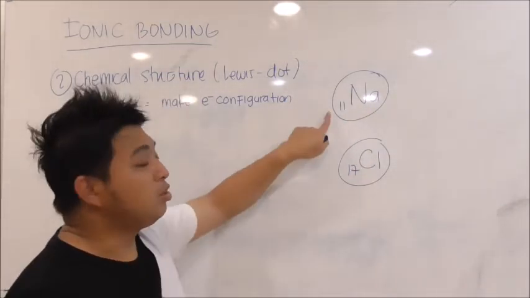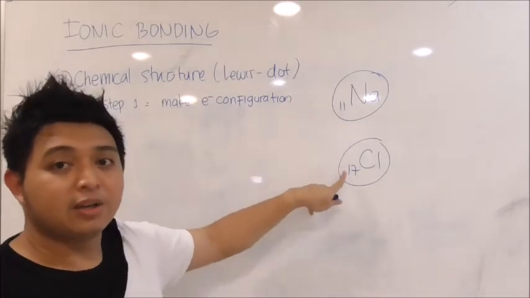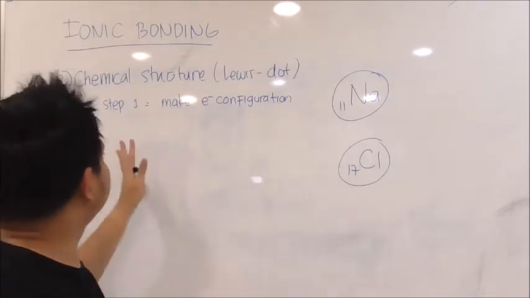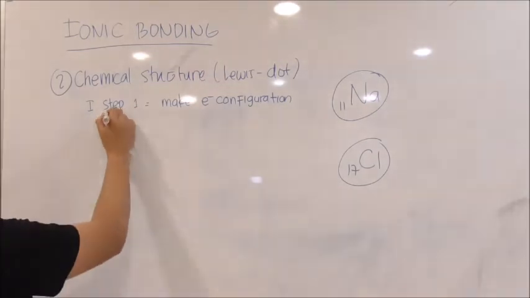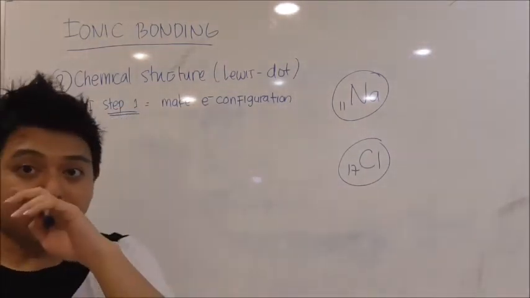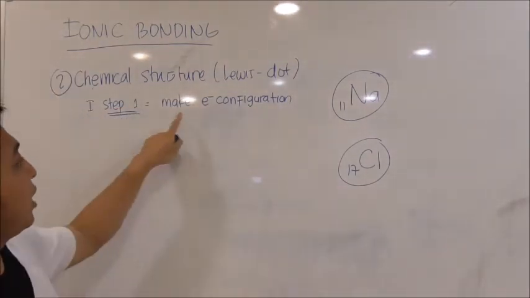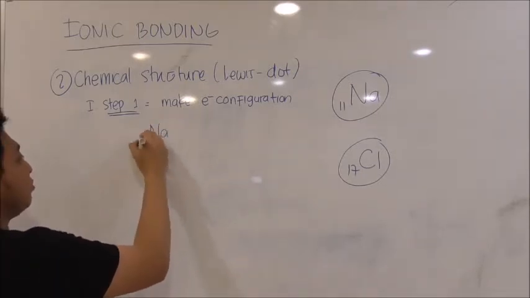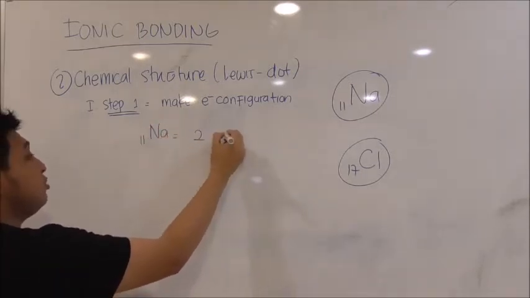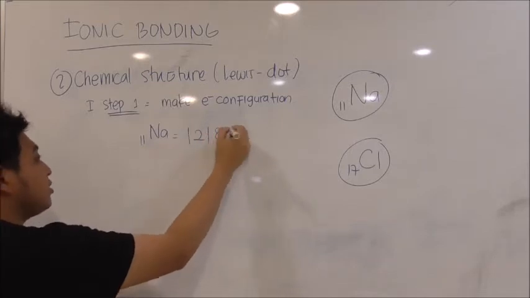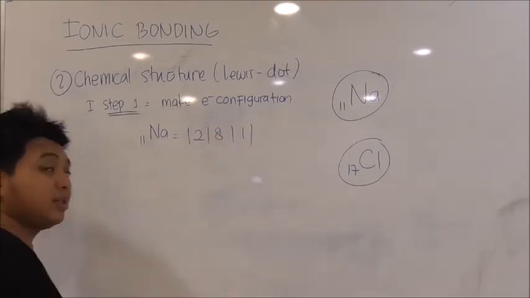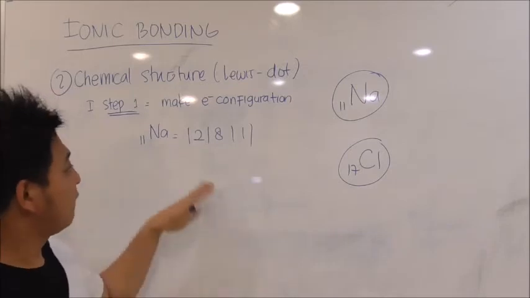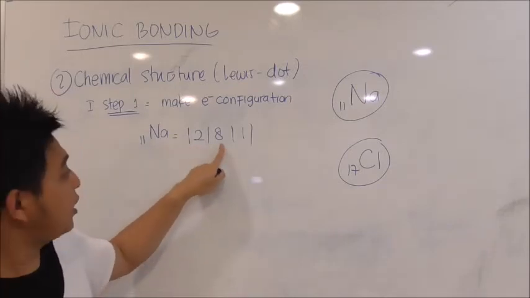The first step is to make the electron configuration. Sodium 11 is 2, 8, 1.